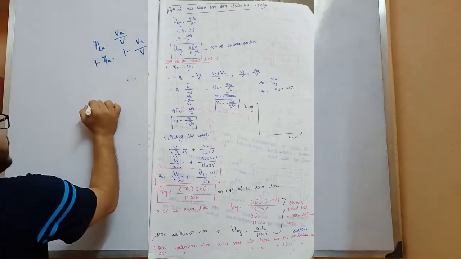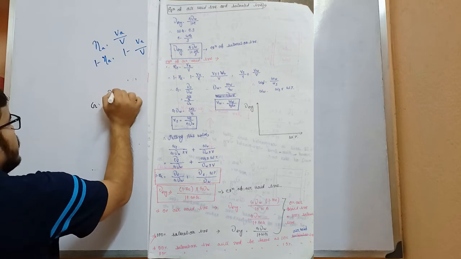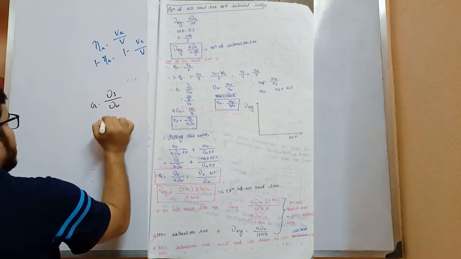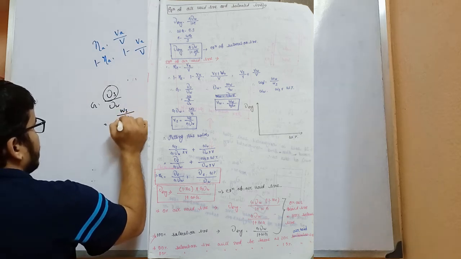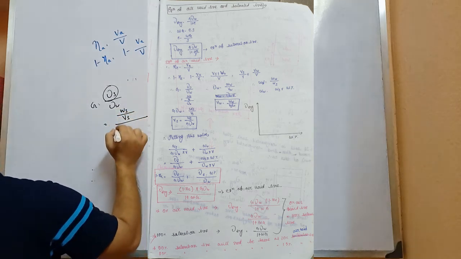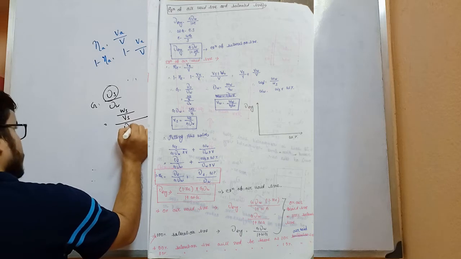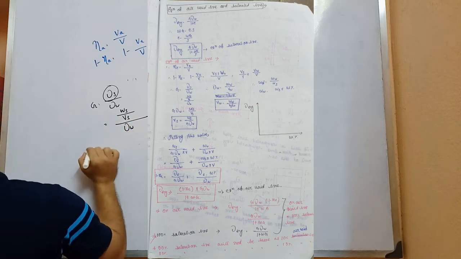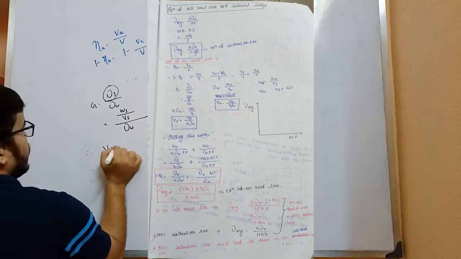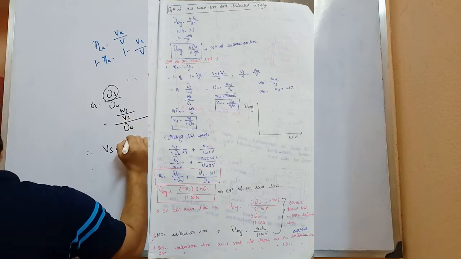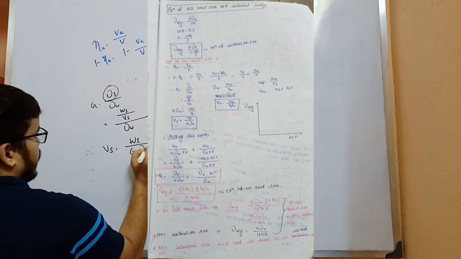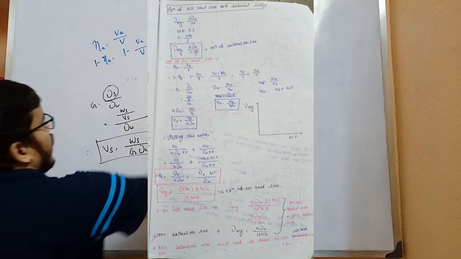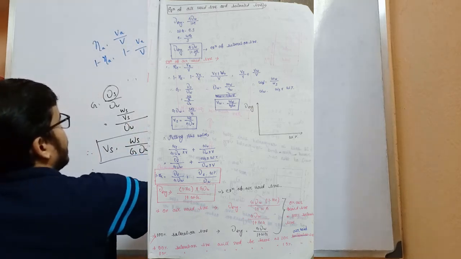And how can we get the value of volume of solid? As you all know, true specific gravity G is equal to gamma S by gamma W, and gamma S means weight of solid by volume of solid. So volume of solid will be Ws by G gamma W. And what will be the volume of water?